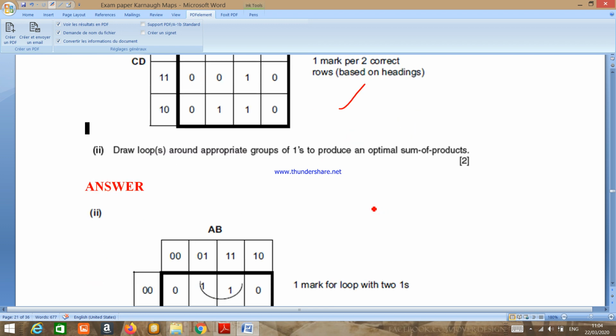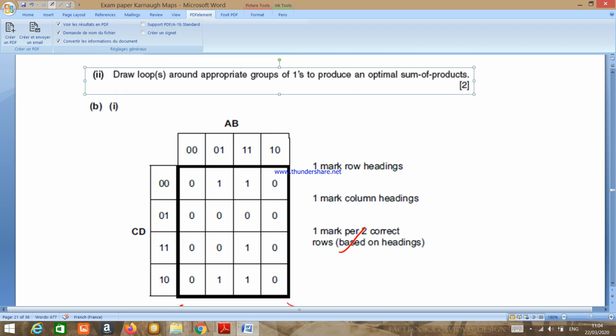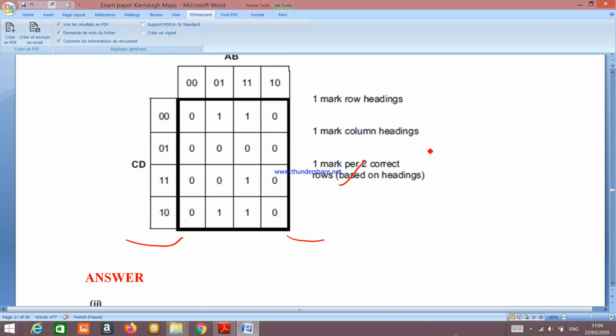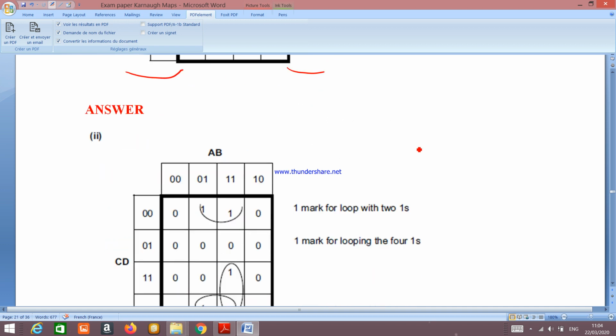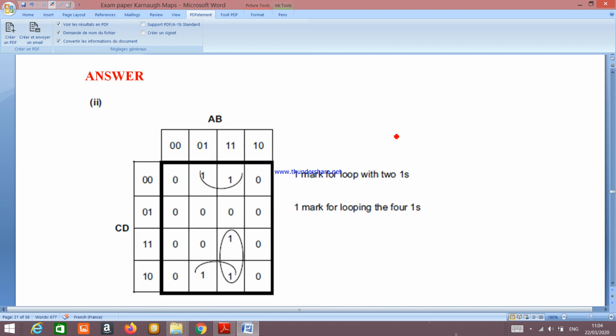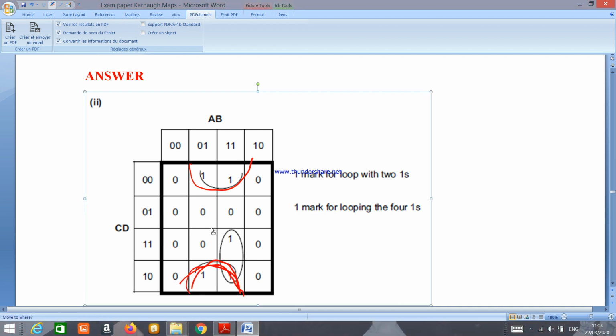Next, we draw loops around the appropriate ones to produce the grouping. So let's look at it. The groups. Here you can see you can form a group of 4, this one and this one, because there is overlapping. These 4 ones can be grouped because we can fold it in a vertical way.